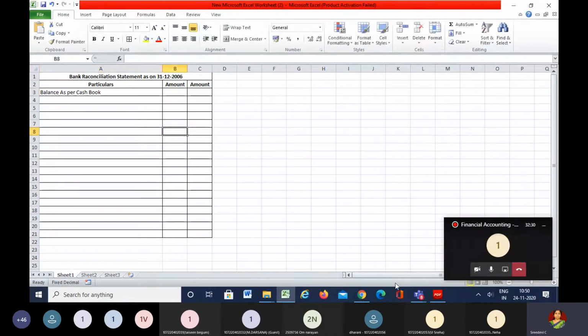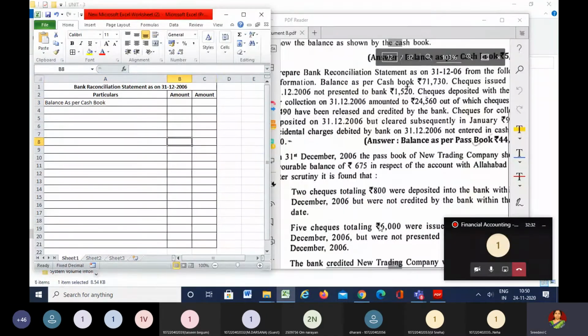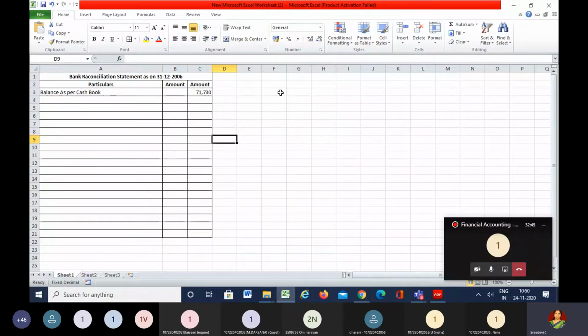So for every problem, you have to take a rough cash book as well as a rough passbook. Okay, so here I'm going to have a cash book, and here in the cash book this is to be called as receipts, and here it is to be called as payments, just for the understanding purpose, right?